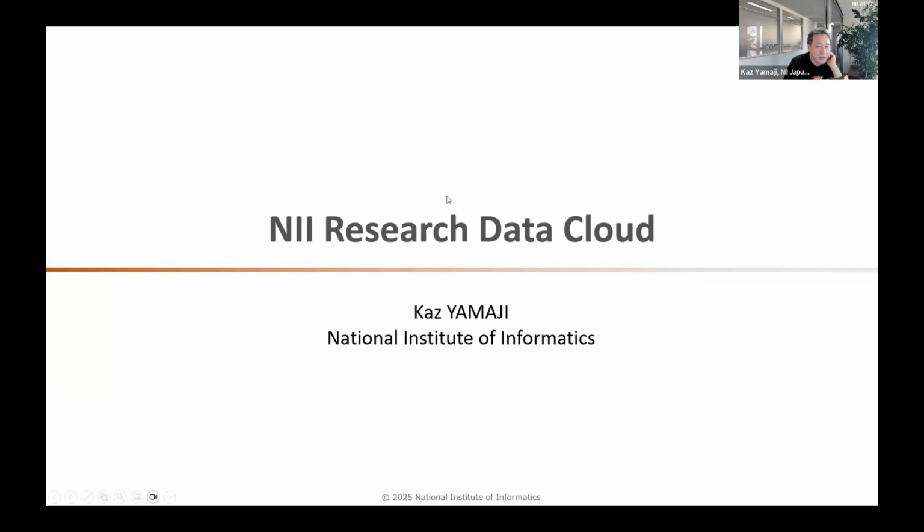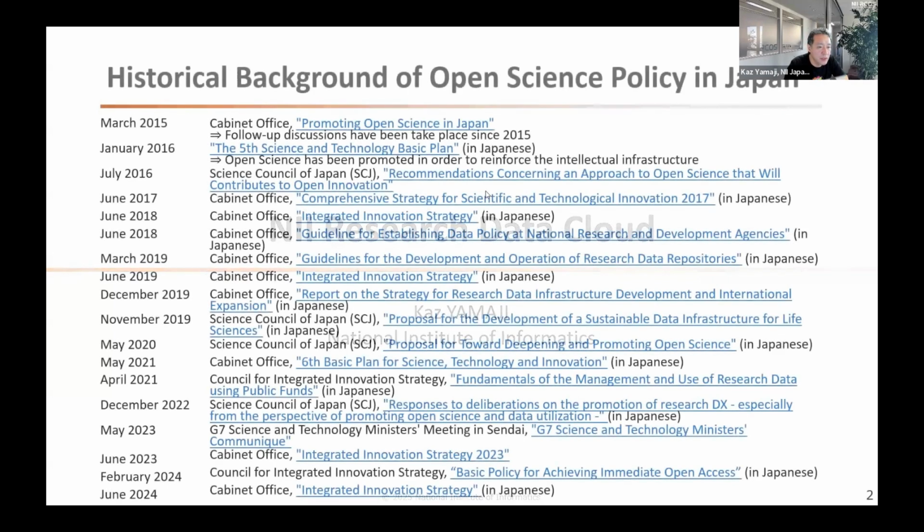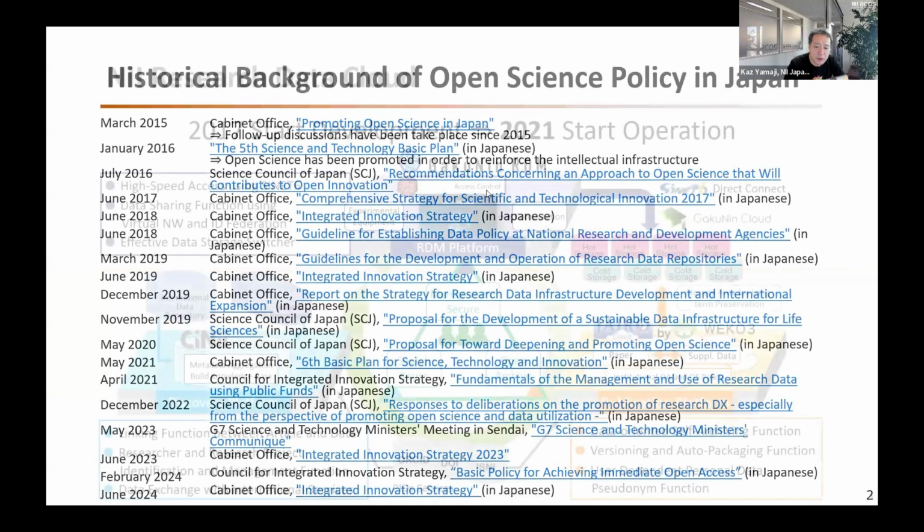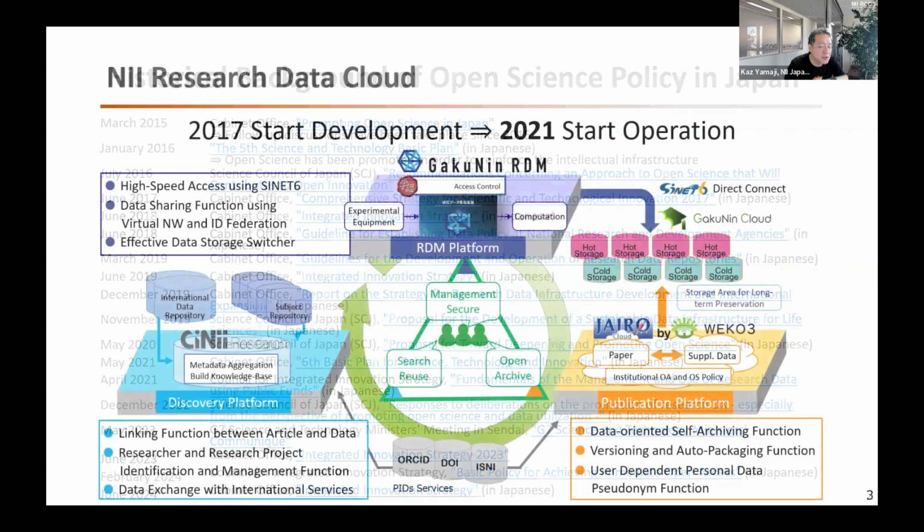So everybody in the room knows about NII. As you know, we are operating the high-speed network SINET6, and then identity federation, cloud service and security service. And our NII Research Data Cloud is the final top player of our NREN service, providing to the Japanese universities and research institutions.